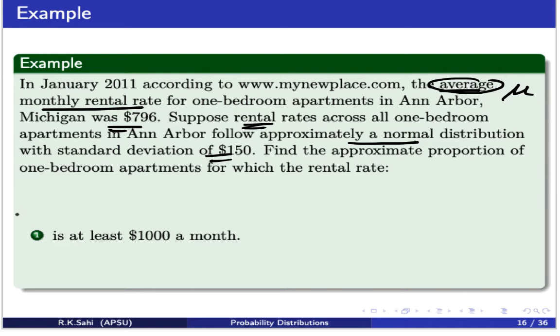Before we start the problem, let's see what the variable is, and as the variable has a normal distribution, let's write down the notation and make that normal curve. The first thing is, what is this random variable?